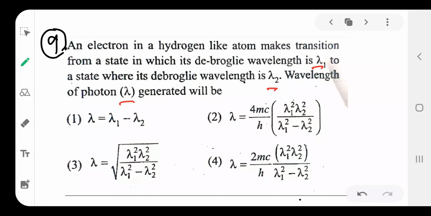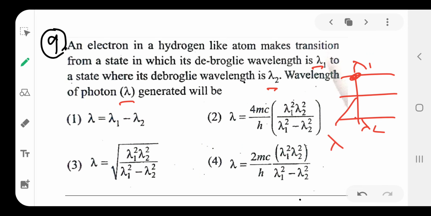The electron in the hydrogen-like atom makes a transition from one orbit to another orbit. In the first orbit, the higher orbit wavelength is lambda 1, and in the state where its de Broglie wavelength is lambda 2. The wavelength of the photon is lambda.